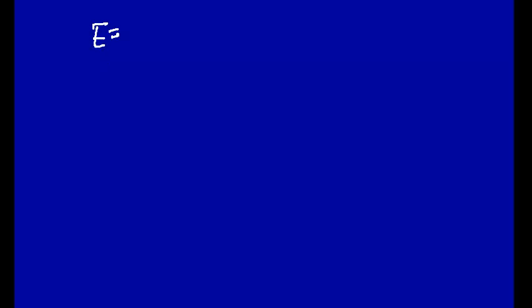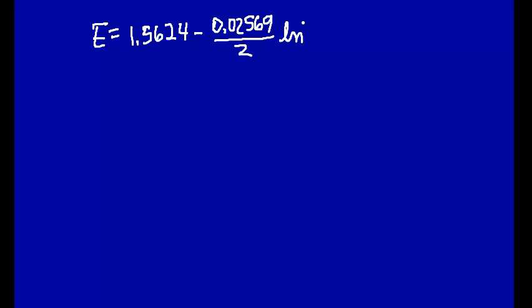So let's go ahead and calculate. E will be E0, which we said was 1.5624 volts, minus RT over F, which was 0.02569, divided by N, which was 2, times the natural log of the zinc concentration, 0.012, divided by the concentration of silver, which was 0.200 squared.